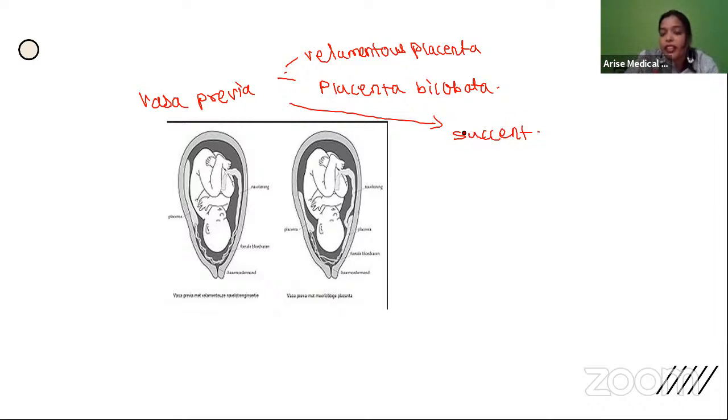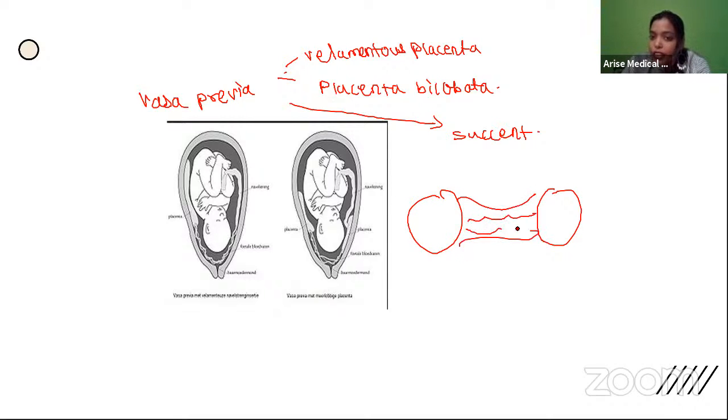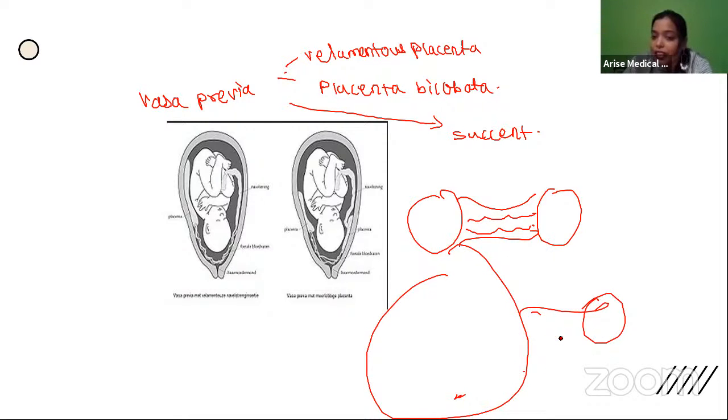Basic concept here: what is placenta bilobata? When two equal halves of placenta are separated by membranes and vessels, you call it placenta bilobata. What is succenturiate lobe? One placenta and one cotyledon connected by vessels and membranes.